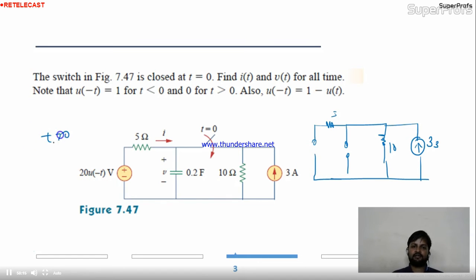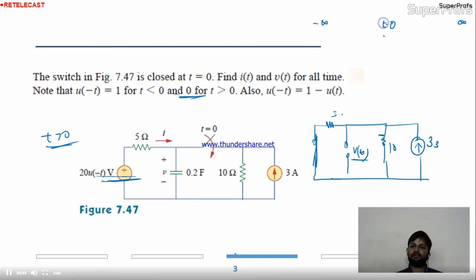What about this battery? For t greater than 0, it's 0. So this is 0. 0 means short circuited. The voltage is 0 means short circuited. It is 5. This one is open circuit and this is V infinity. For a long time I'm saying that the circuit is kept for a long time, so it will be automatically in a steady state, V infinity. We are having only 3 conditions: one is 0, minus infinity, infinity.